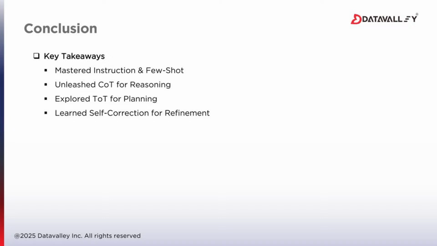So these advanced prompting techniques truly elevate our ability to interact with and control AI models. Interacting with, accessing and controlling AI models all comes through prompt engineering, only and only.